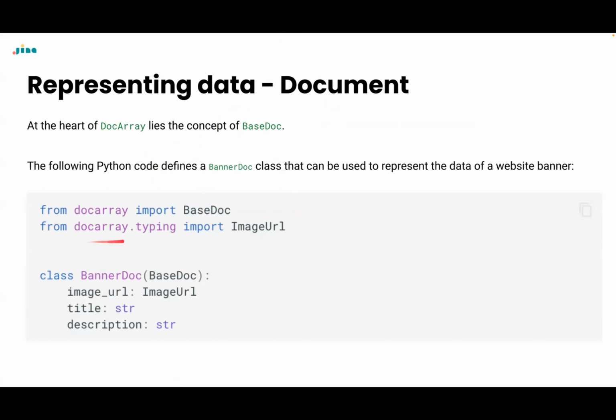Let's say we want to represent a website banner, which has an image URL, a title, and a description. Then you can define your dataclass like this. You don't have to write the explicit dataclass decorator here because BaseDoc already implements it inside. You just subclass BaseDoc, label the image as the image URL type, and the title and description as the native Python string type.